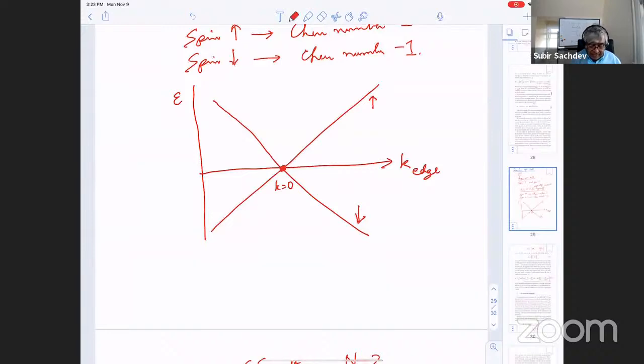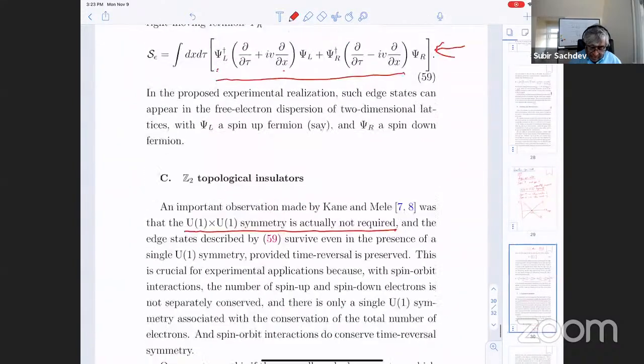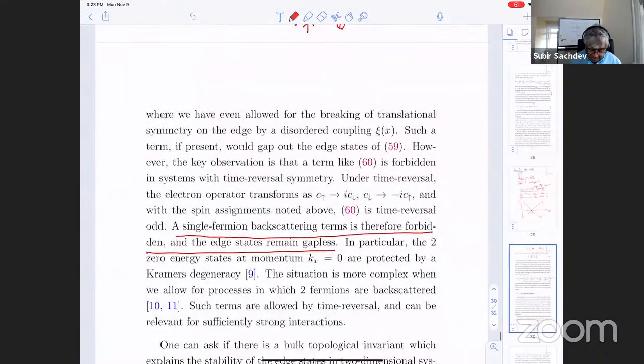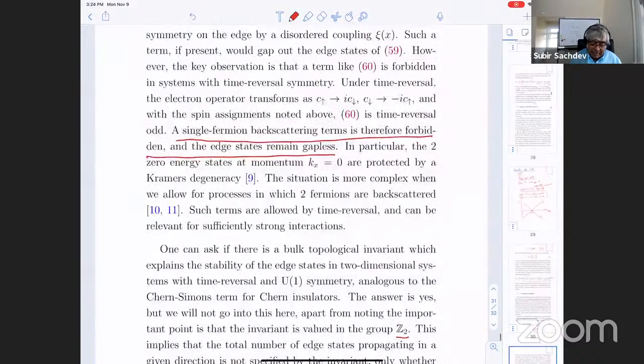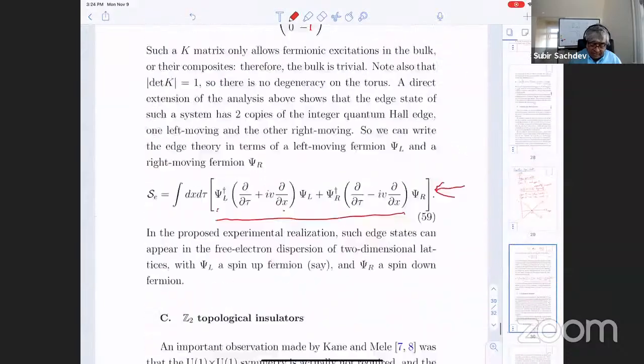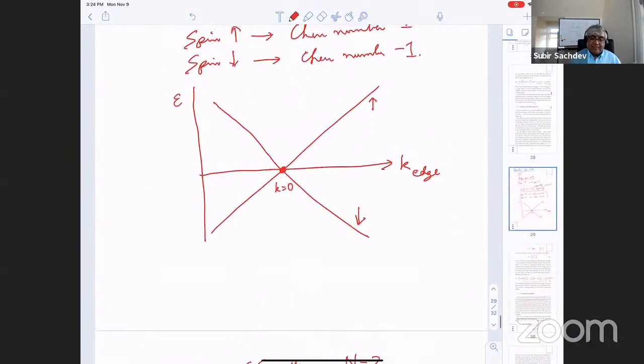At this time reversal invariant momentum, time reversal symmetry requires a double degeneracy, and that's called Kramers' theorem, which I won't prove, but you can look it up. There's a Kramers degeneracy for spin-a-half particles or any half-integer spin particle. In the presence of time reversal symmetry, you have to have a twofold degeneracy. That's the reason you always have at least two levels crossing at the time reversal invariant momentum.